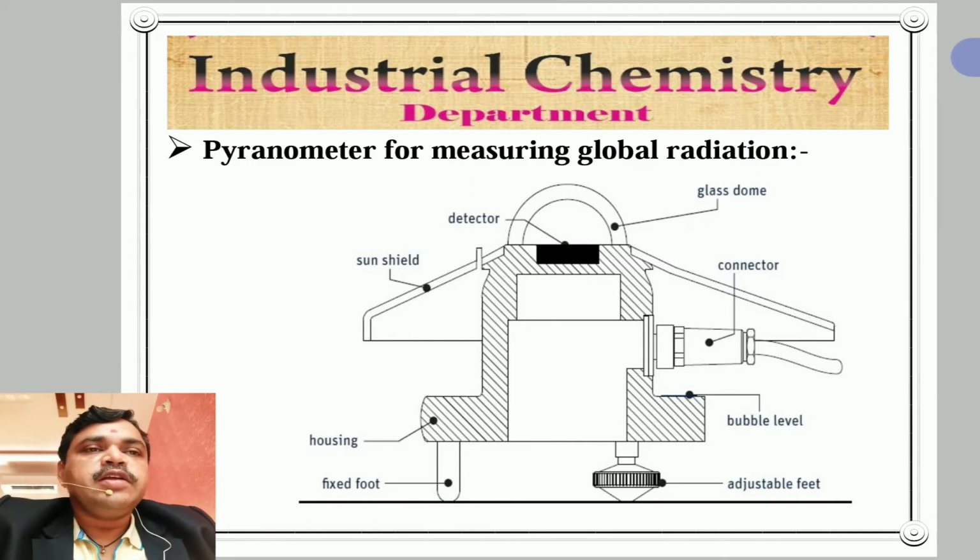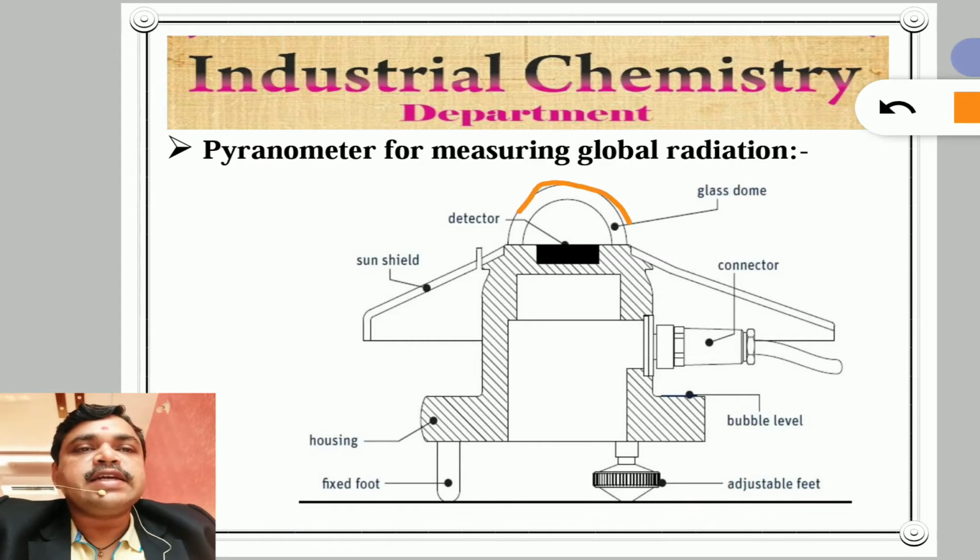First of all, we see the different parts of the pyranometer. The first part is the glass dome. Here are two concentric glass domes. This is the black body and it detects the sun radiation the whole day.